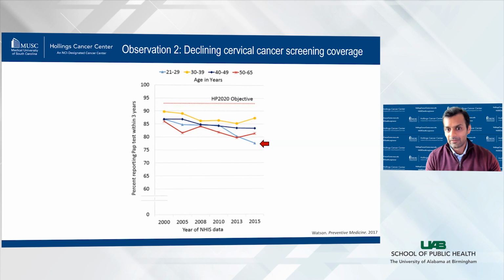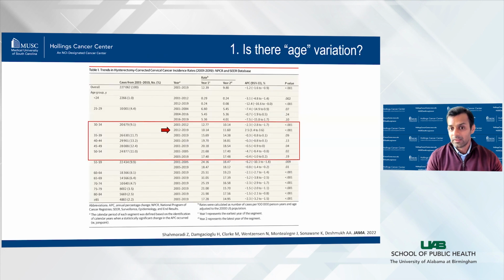So, the question that we wanted to ask was, given that there is a decline in cervical cancer screening among the youngest age group, 21 to 29, whether there are differences in age-specific cervical cancer incidence patterns. So in a recent publication, we quantified hysterectomy-corrected cervical cancer incidence according to age.